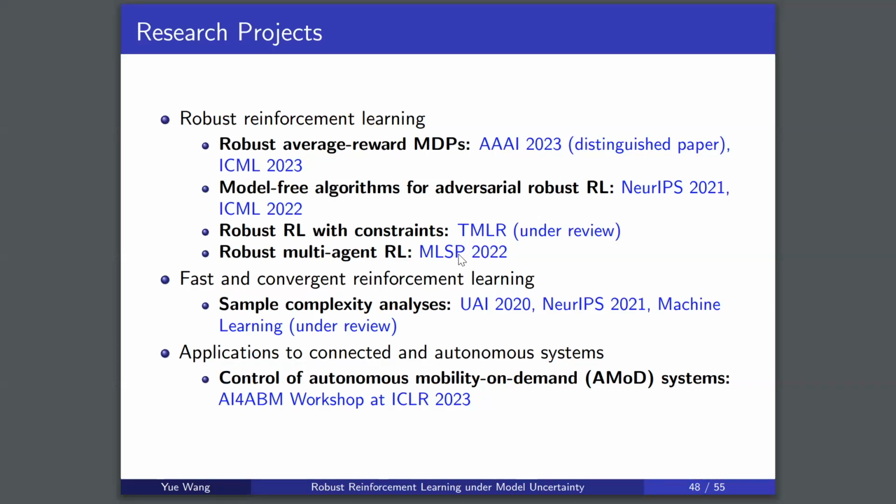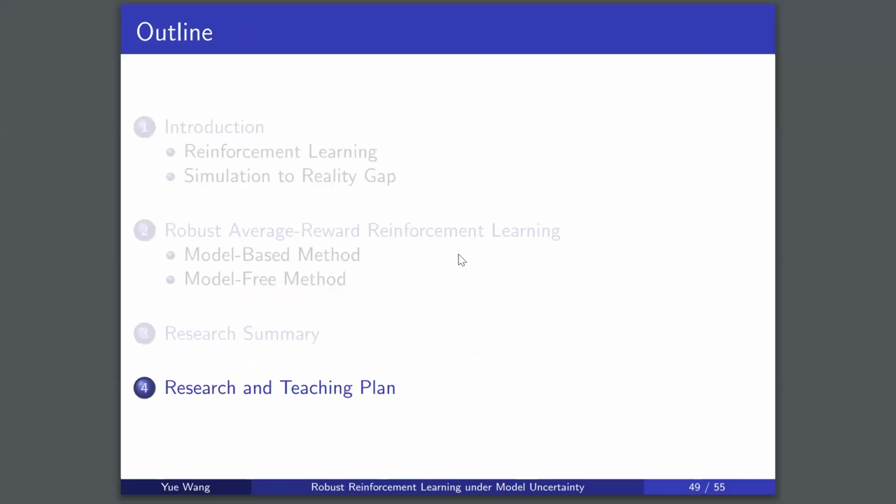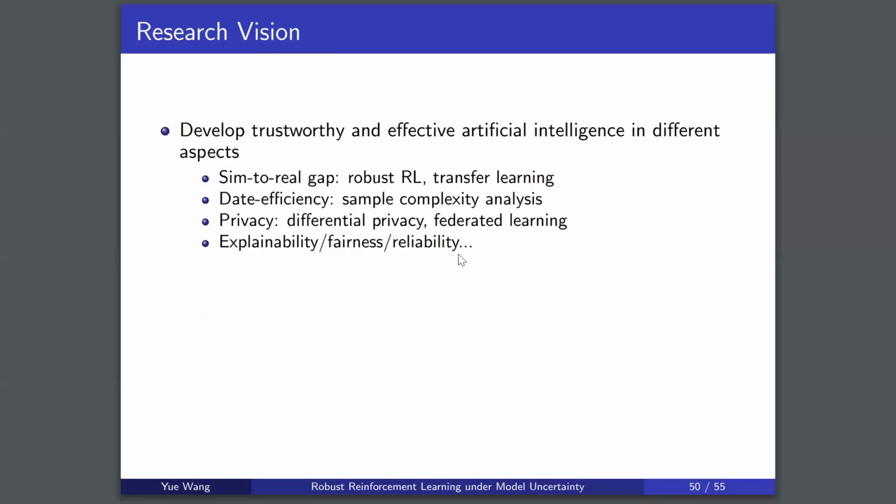It shows that we can develop a robust algorithm that satisfies all these constraints. And of course, safety or the constraints is one aspect of the trustworthiness of artificial intelligence, especially in fairness. We also consider constraints on fairness. So although there are different aspects of trustworthiness, there are many potential ways that we can develop research on and solve this problem to develop the AI system.